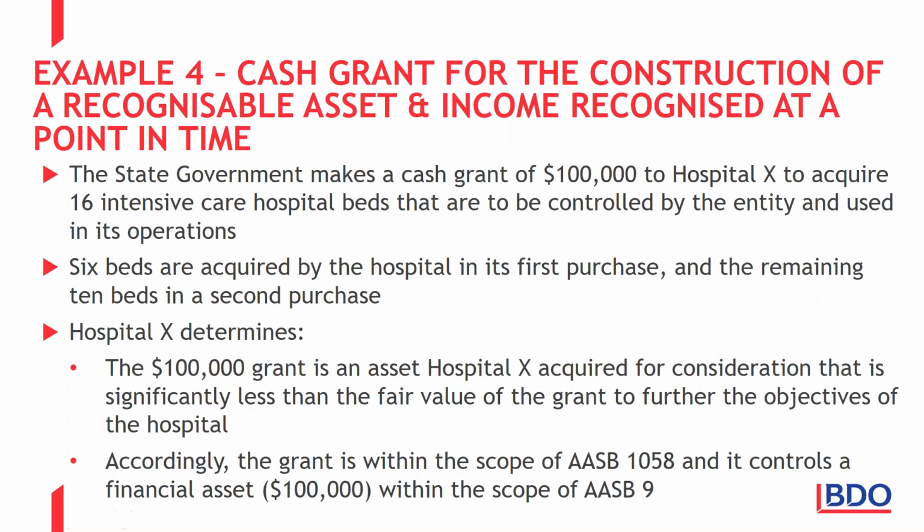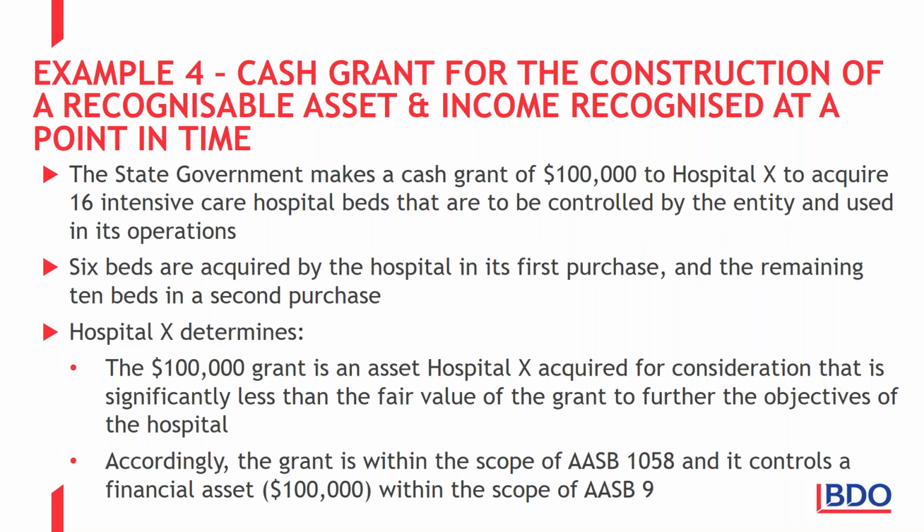Now, in the first example, example 4, I look at cash received for the construction of an asset. The state government makes a cash grant of $100,000 to a hospital to acquire 16 intensive care hospital beds that are to be controlled by the entity and used in its operations. So the state government says, here's the money, hospital, buy the beds and use the beds.